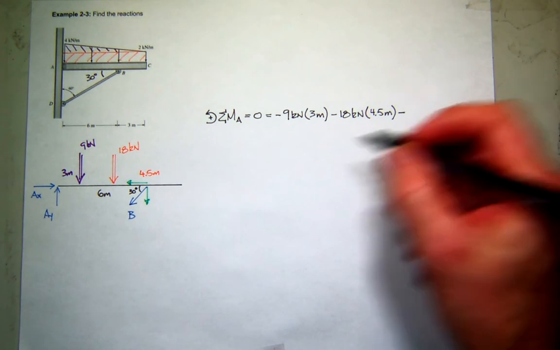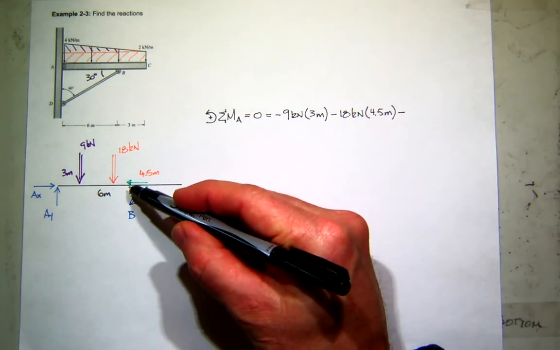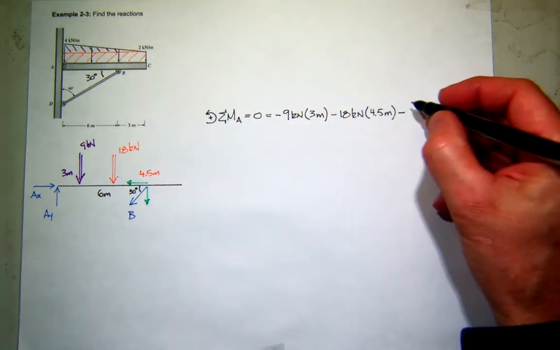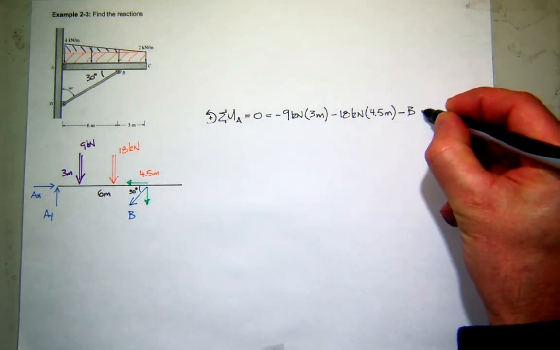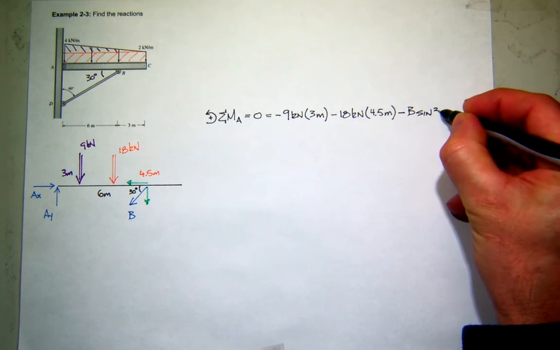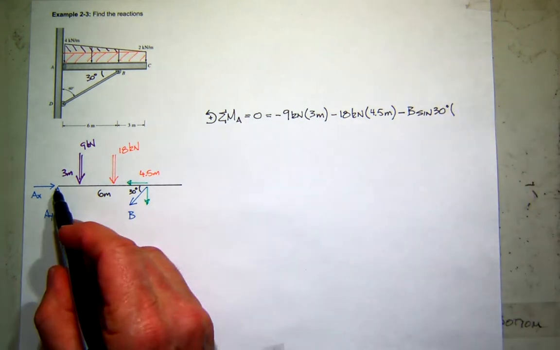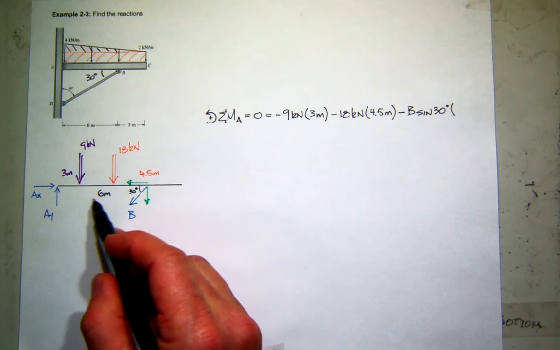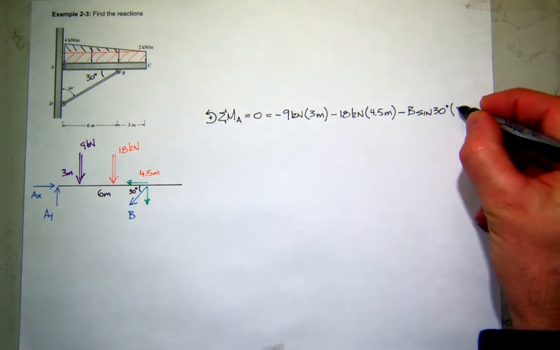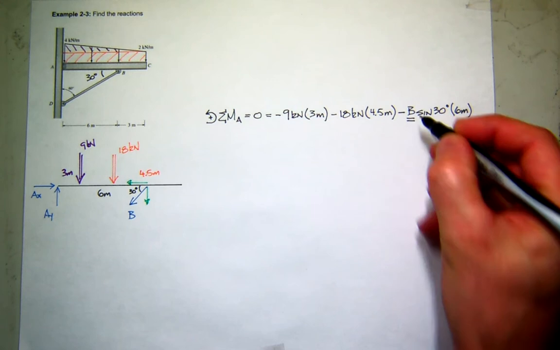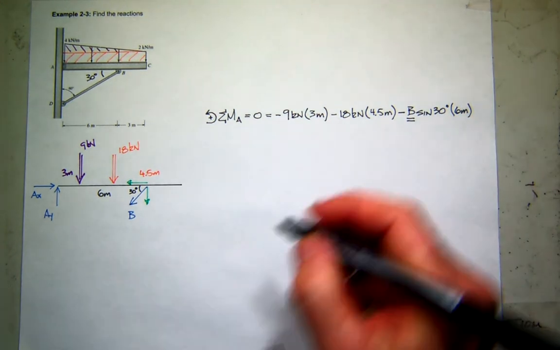Sine, because here's the angle, and the y component is opposite the angle. Sine is opposite. So I'm going to have minus B sine 30. That's my y component. And what's the distance from A to there? 6. One equation, one unknown. So what is B?